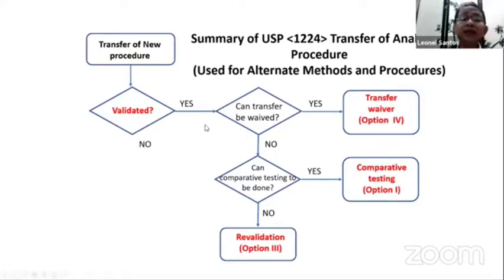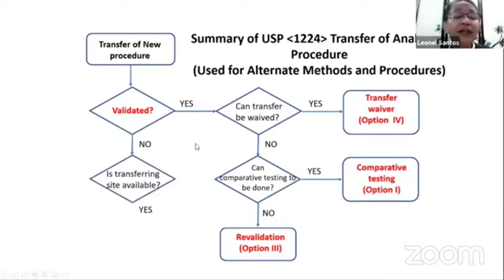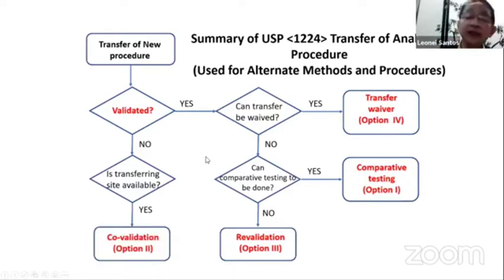If the method to be transferred is not validated and the transferring lab is available to do some of the validation, then there's the 4th option called co-validation. So this is a collaboration between the transferring and the receiving lab. So these are the 4 options in terms of a formal movement of a method or procedure from one site to another.